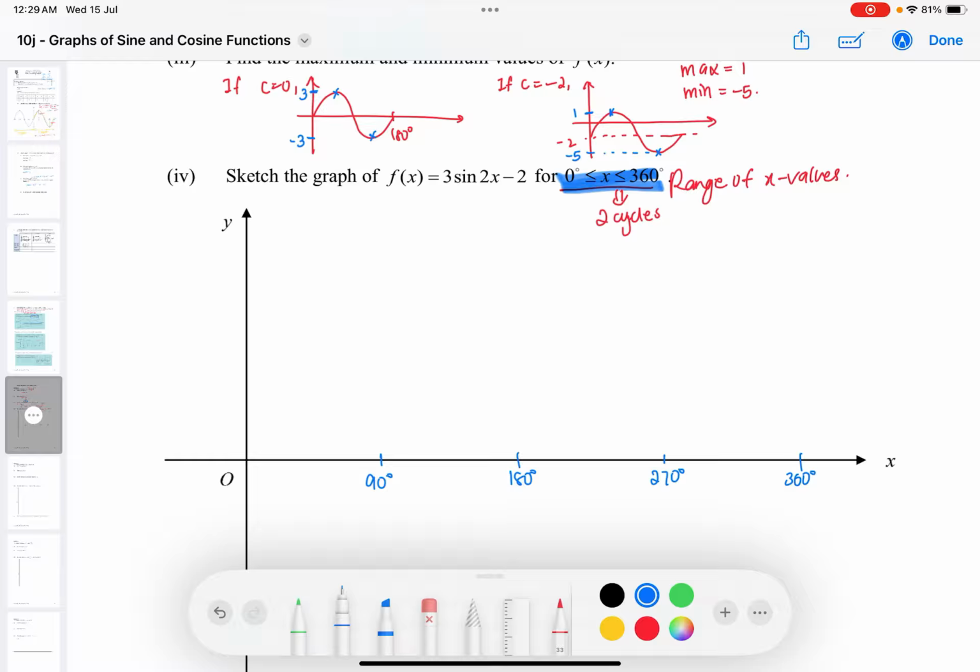But I also need to mark out the maximum point and the minimum point, so I will need to cut it further here as 45. This is 135, this is 225.